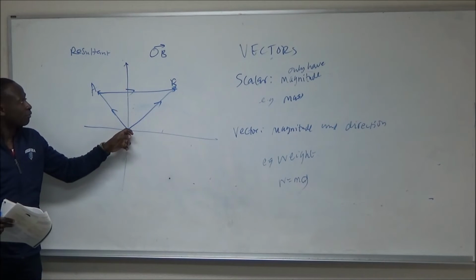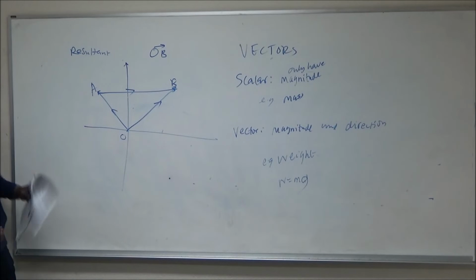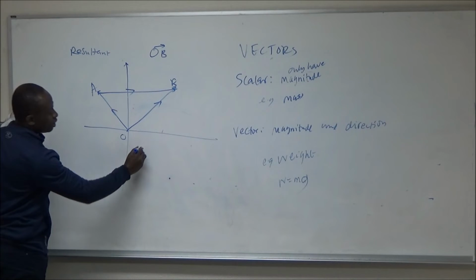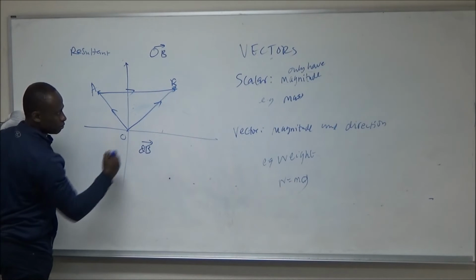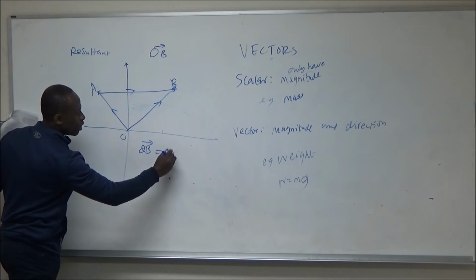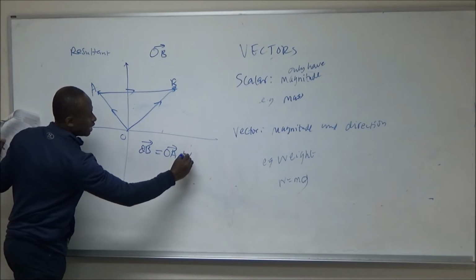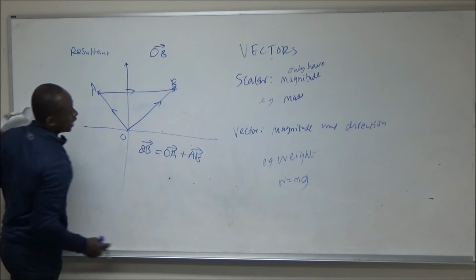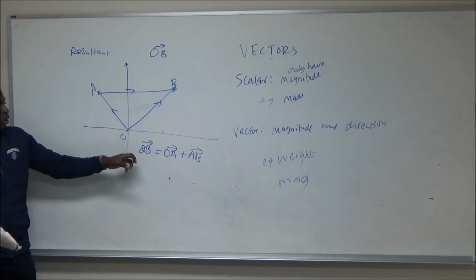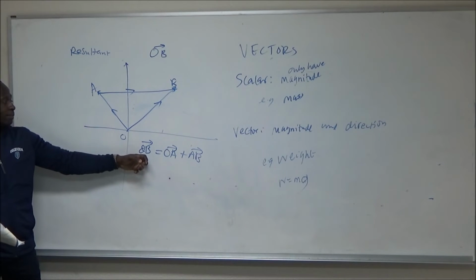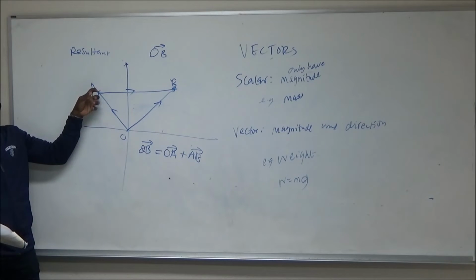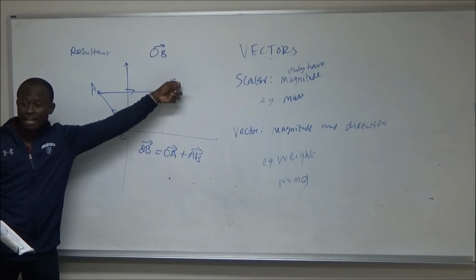So I can write the formula with all these three. Check this out. The formula is going to be, for me to get to OB, I go to OA and then I go AB, right? So look, OB, which is my resultant, is simply OA plus what? AB. That's where I end up.